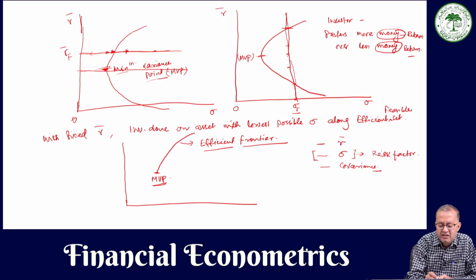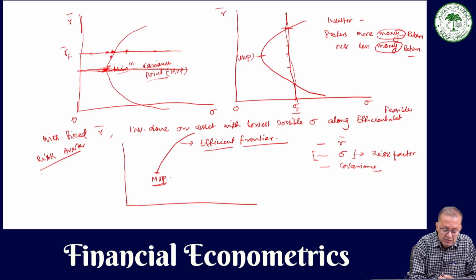Here in this case the risk is minimum, so the investors are called risk averters. If the investor does not make the investment at this point, rather at this point or some other point, we will call such investors risk lovers.